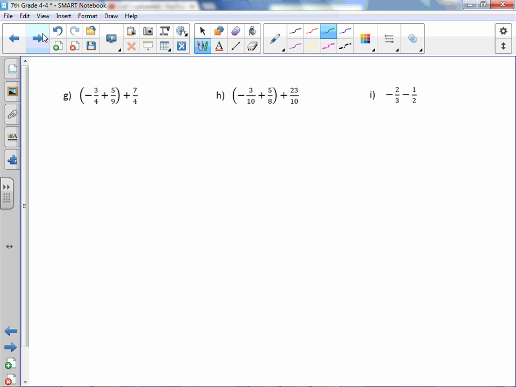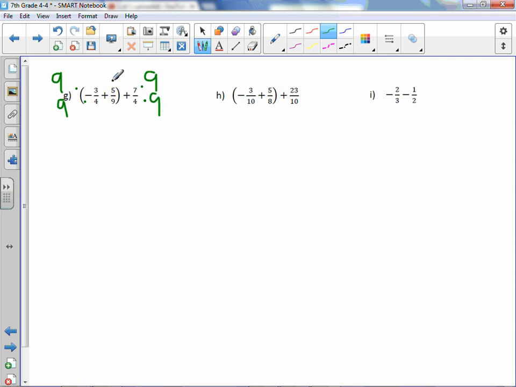Letter G. I have a 4 and a 9 in the denominator. The least common multiple of 4 and 9 would be, well, 4, 8, 12, 16, 20, 24, 28, 32, 36. It looks like 36. I would multiply the denominators of 4 by 9 to get 36.